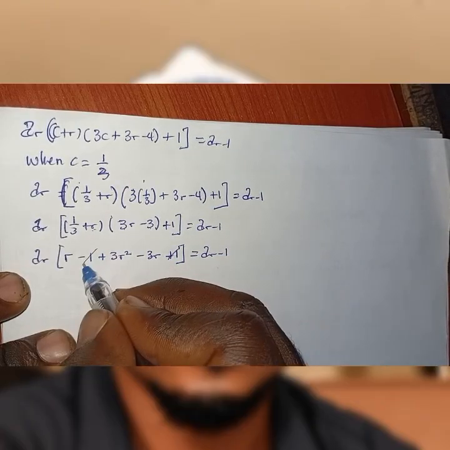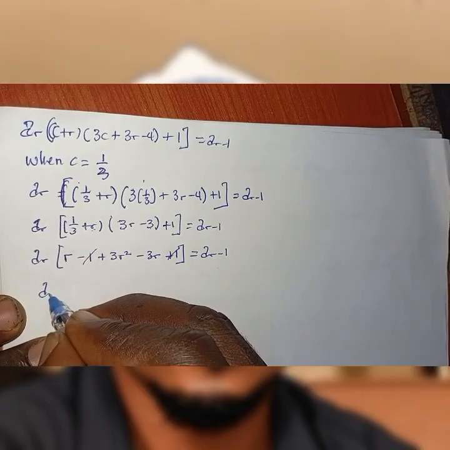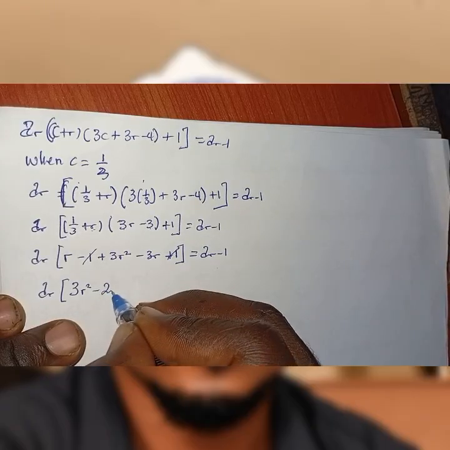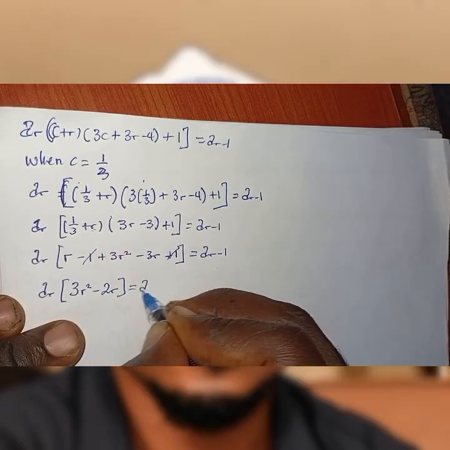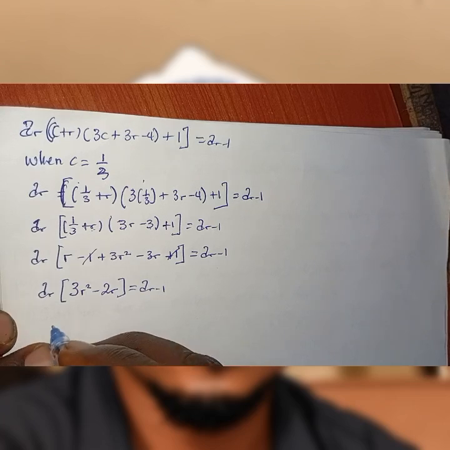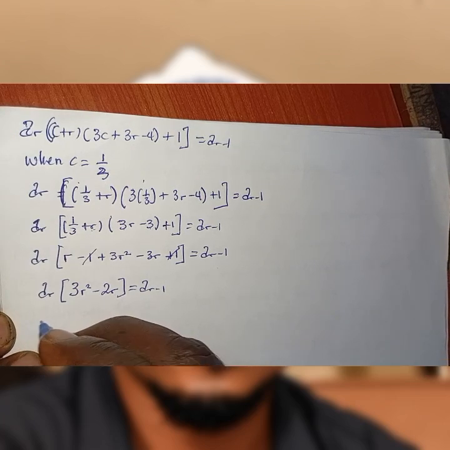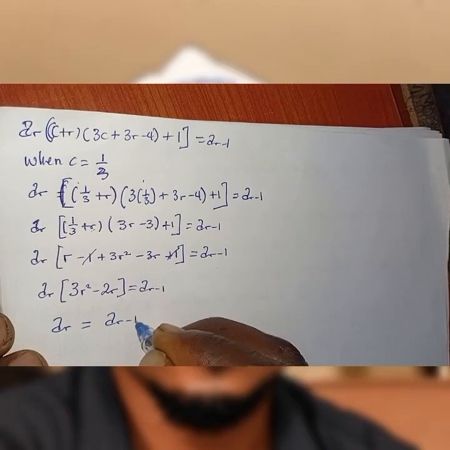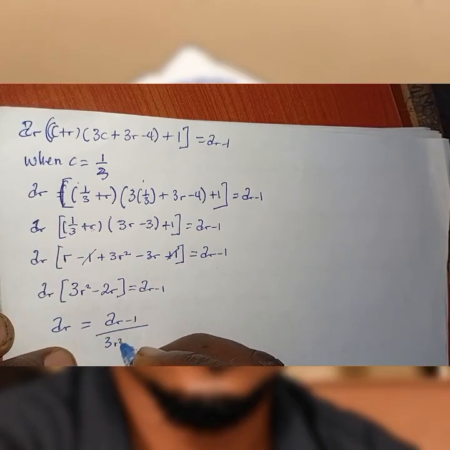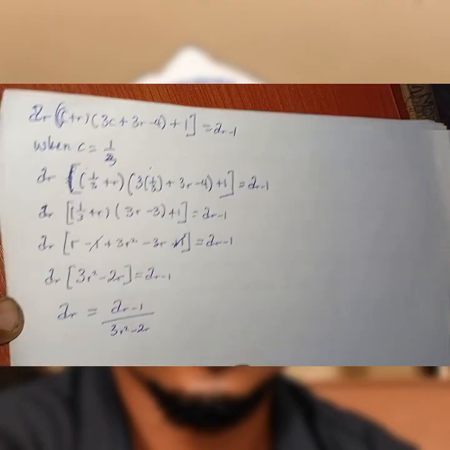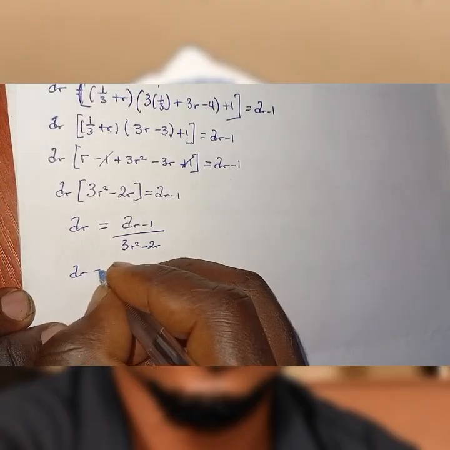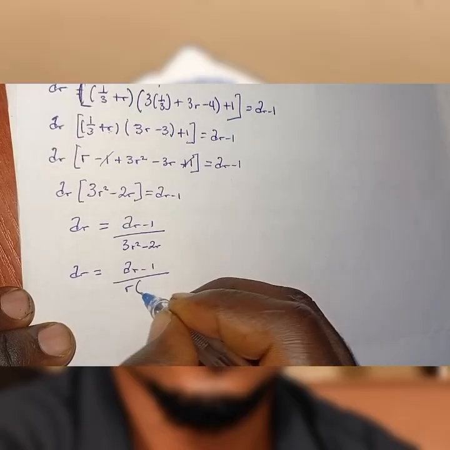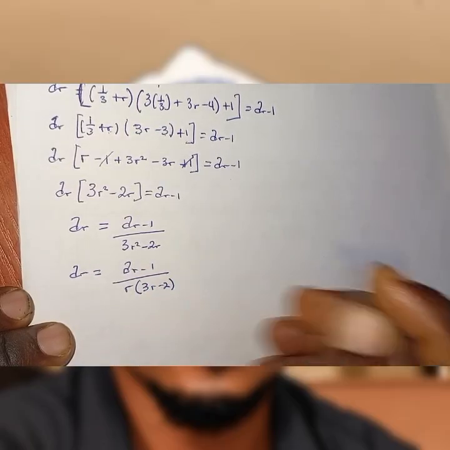This cancels this, so you're going to have a_r times 3r squared minus 2r equals a_r minus 1. Then divide both sides by this, we're going to have a_r equals a_(r minus 1) over 3r squared minus 2r. a_r equals a_(r minus 1) over r is common, so it remains 3r minus 2.